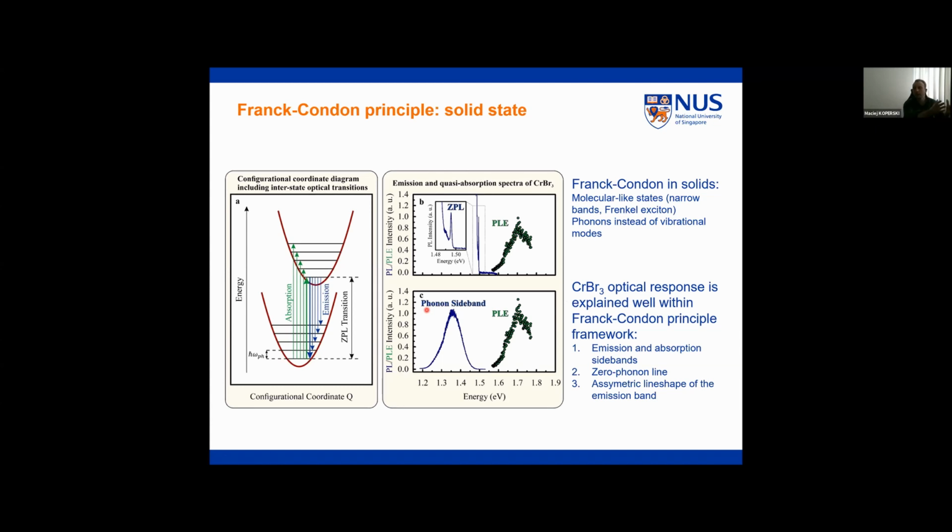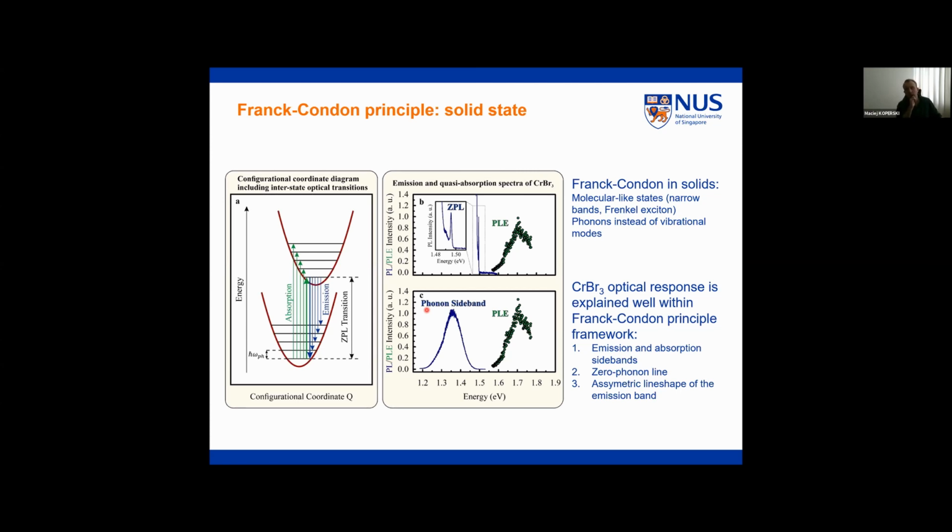And the way that you can have this kind of Franck-Condon emitter in a solid is if you consider a Frenkel exciton. So this is an exciton, an electron-hole pair, that is localized so much that it occupies pretty much a single atomic cell in the crystal. So it has a molecular-like character.